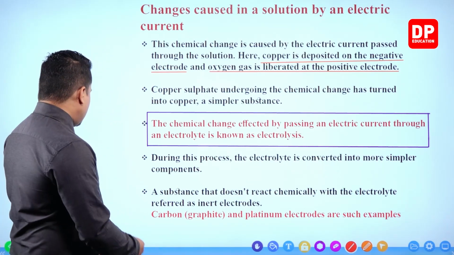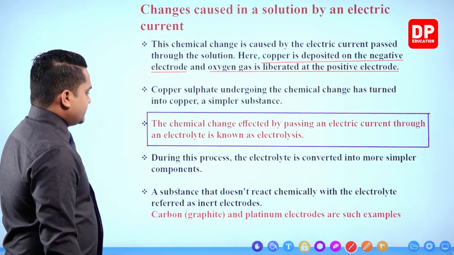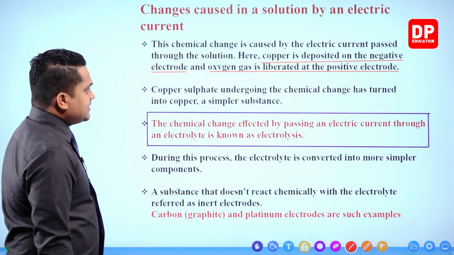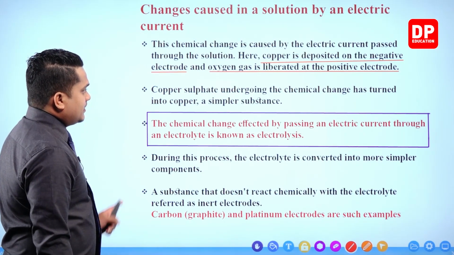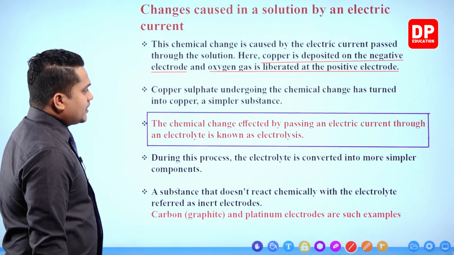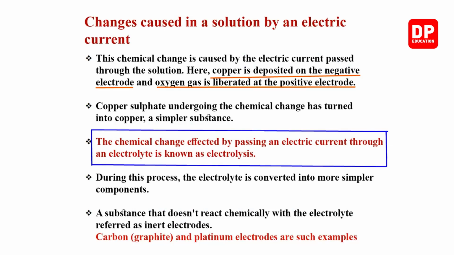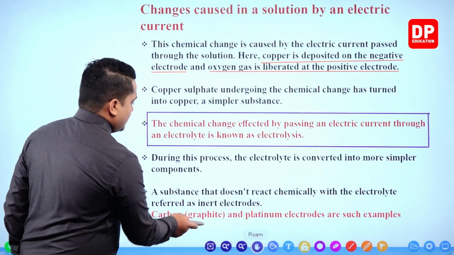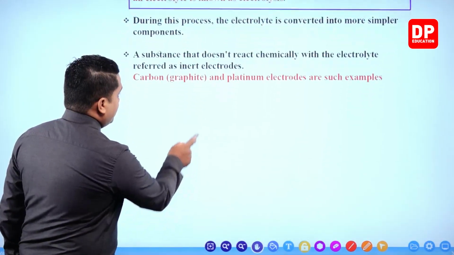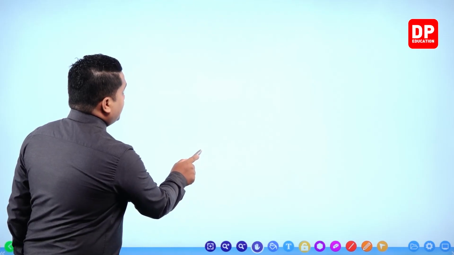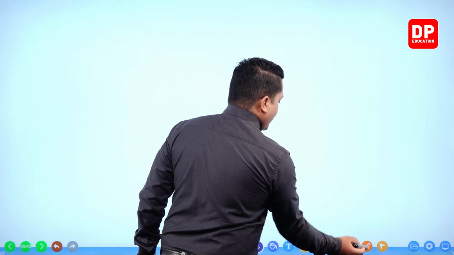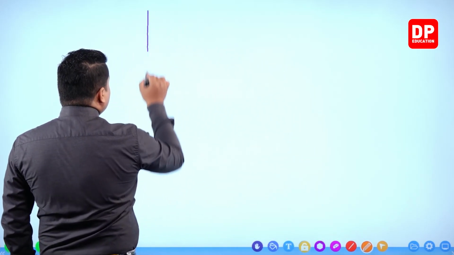Now let me explain how the deposition of copper occurs. My dear children, I'll take this up and let me explain how the deposition of copper is going to happen within this system.